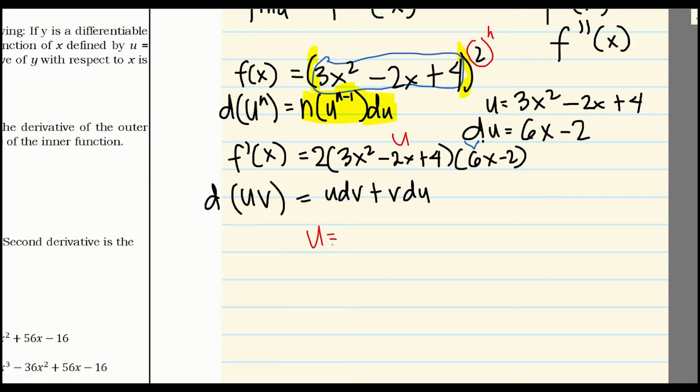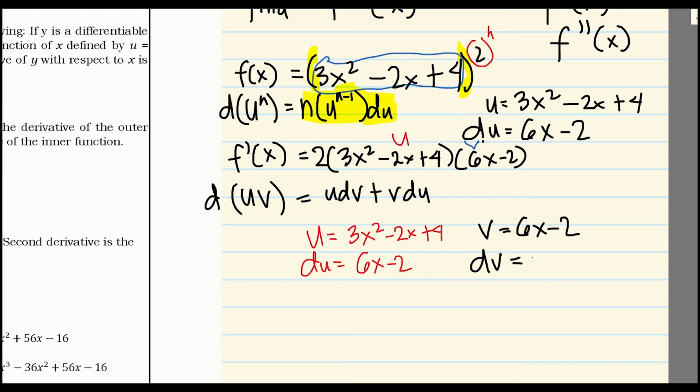We have our u is equal to 3x squared minus 2x plus 4, and we all know that its du is 6x minus 2. And then we have our v, which is 6x minus 2, and our dv is, this will be 0 and this will be 6.